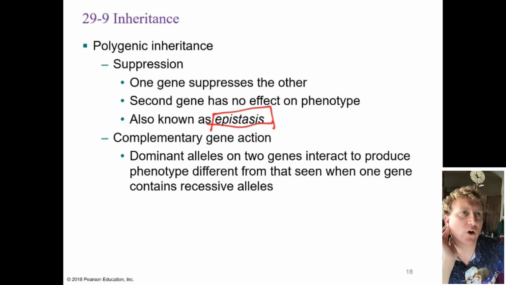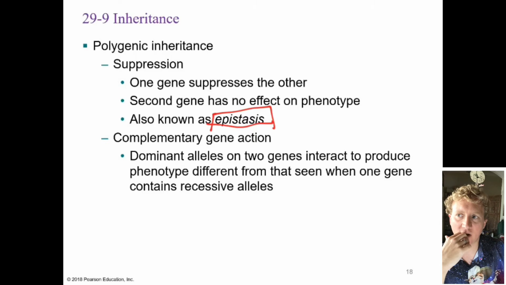So let's say hair color for various organisms is an example of one. One gene codes for the amount of pigment put into the individual hairs. The other gene acts like a gatekeeper. That's going to allow pigment in the first place, right?